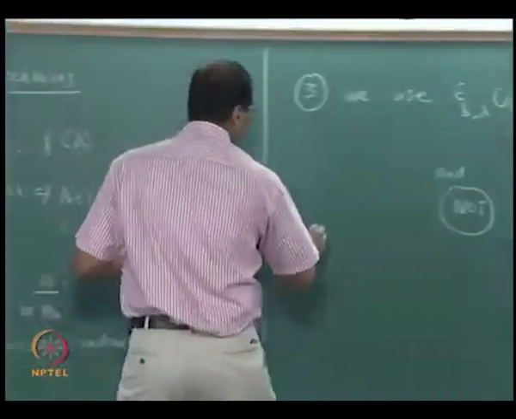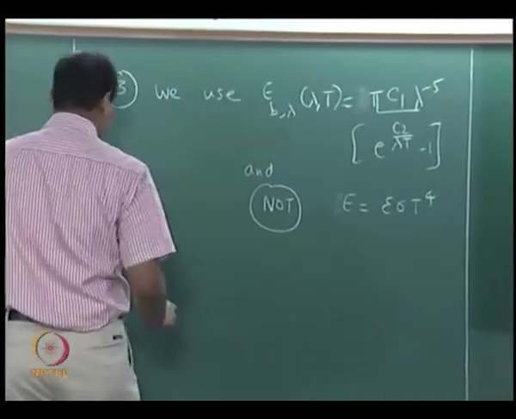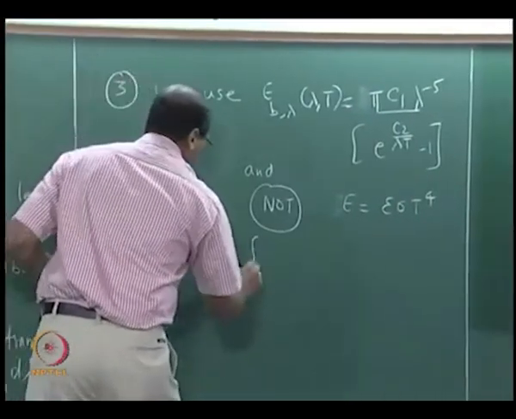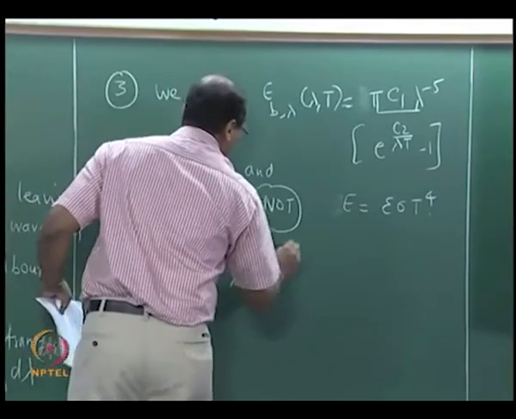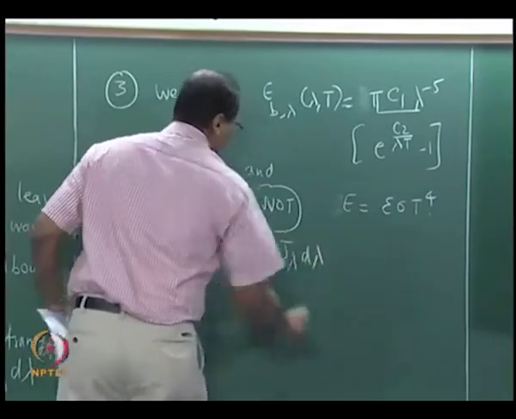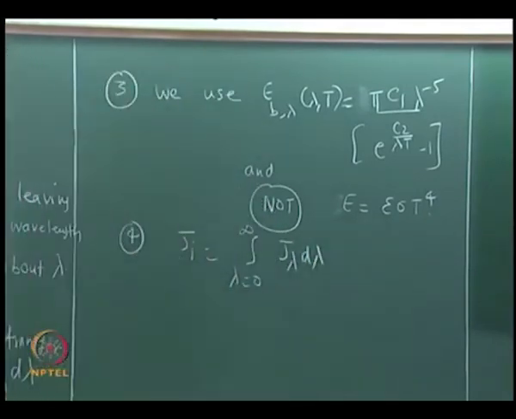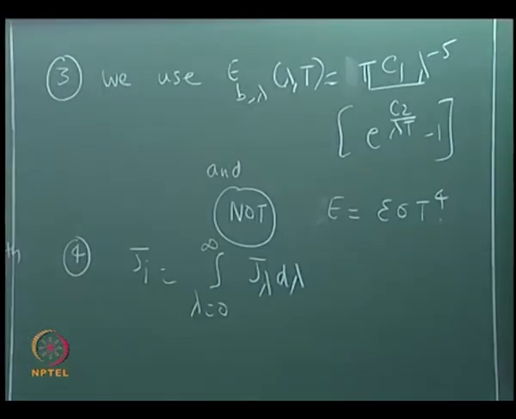And now, J i will be the integral from lambda equal to 0 to infinity of J lambda d lambda. I want to put it as J lambda i.